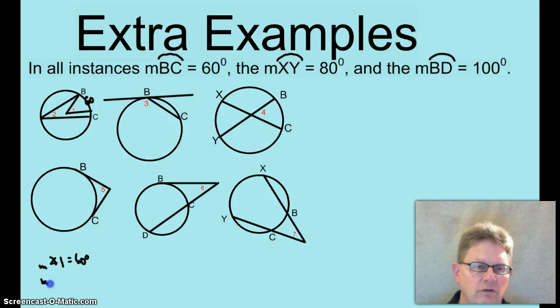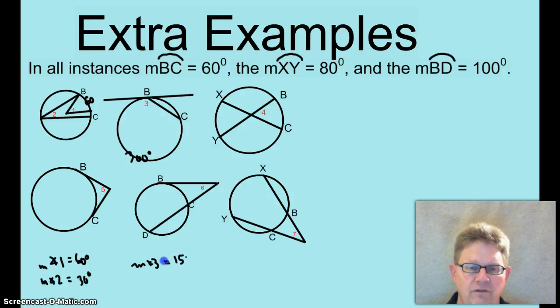Angle 2 is an inscribed angle, that's half of its intercepted arc, 30 degrees. The measure of angle 3. If arc BC is 60, how big is this major arc here? It is 360 minus 60, so the measure of this major arc is 300. So the measure of angle 3 is half of that, 150 degrees.